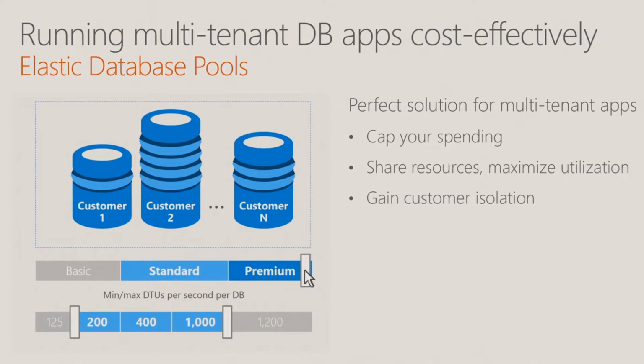So I can make sure that no database peaks, say, more than 10% of all available resources at any time. In addition to effective and efficient resource management, Elastic Pools provide much easier management at scale. They allow me to analyze and manage my databases within the pool using just a single command instead of doing some changes or some tuning for each of the databases.